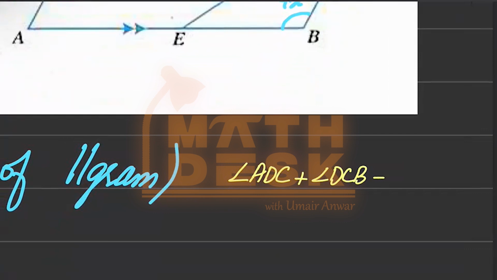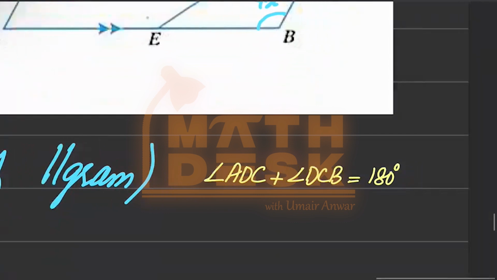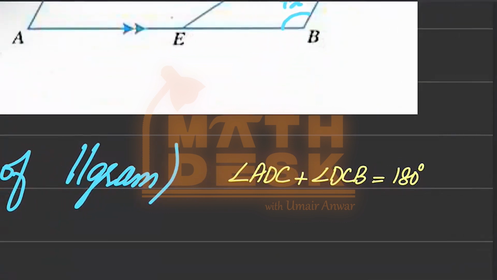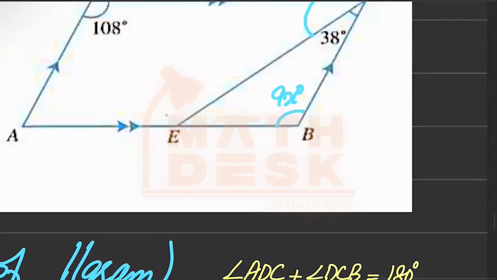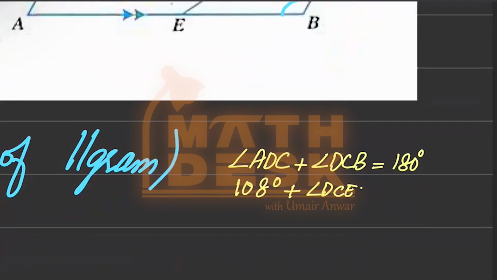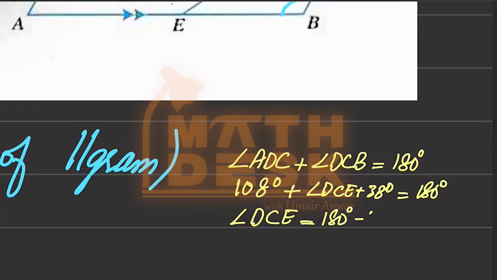Their sum must be equal to 180 degrees because they are interior angles and the lines AD and BC are parallel to each other. So it is 108 degrees. We can break it into DCE plus 38, and their sum is 180 degrees. So angle DCE is found out by subtracting 108 and 38 from 180 degrees. So its answer is going to be equal to 34 degrees.